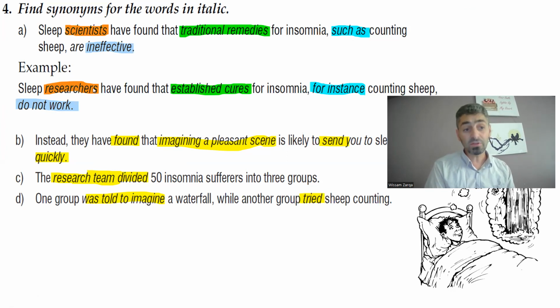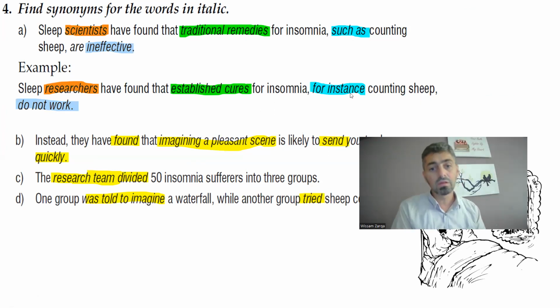So sleep researchers, instead of scientists, have found that established cures, instead of traditional remedies, for insomnia, for instance, instead of such as counting sheep, do not work instead of ineffective. For sure, using ineffective is much better.